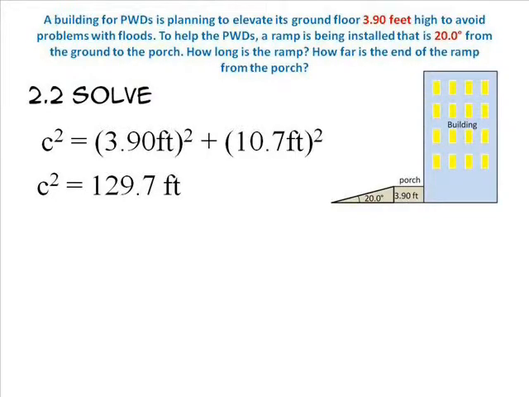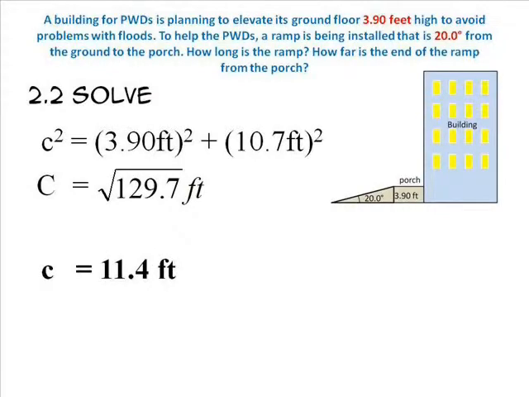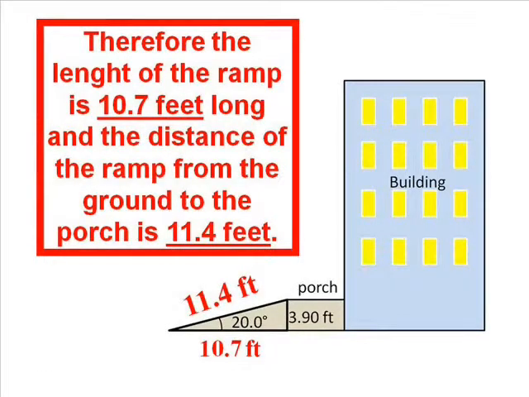Because c is squared, we need to transpose the square, which would give the square root on the other side. Now we have c equals the square root of 129.7 feet, and that gives us an answer of c equals 11.4 feet. And therefore, the length of the ramp is 10.7 feet long, and the distance of the ramp from the ground to the porch is 11.4 feet.